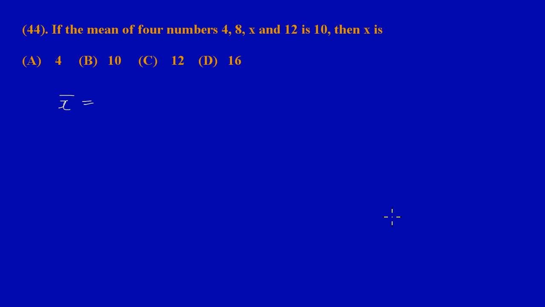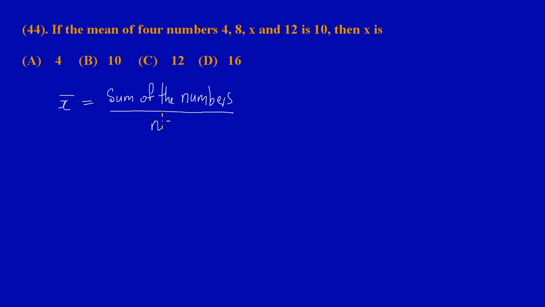Now the mean of a certain number of values is really adding up the numbers that were given. So I am taking the sum of the numbers, and you're dividing that by n, and n is really the amount of numbers in the set.